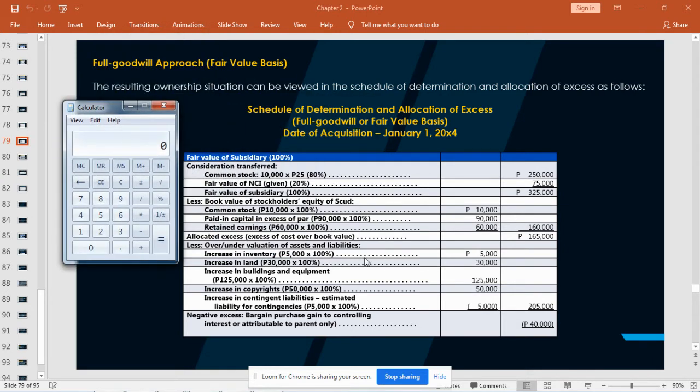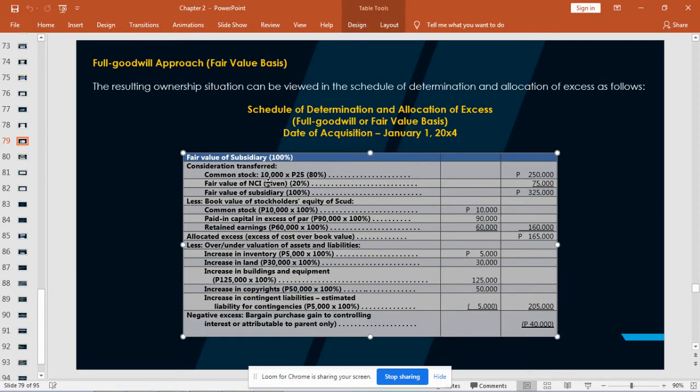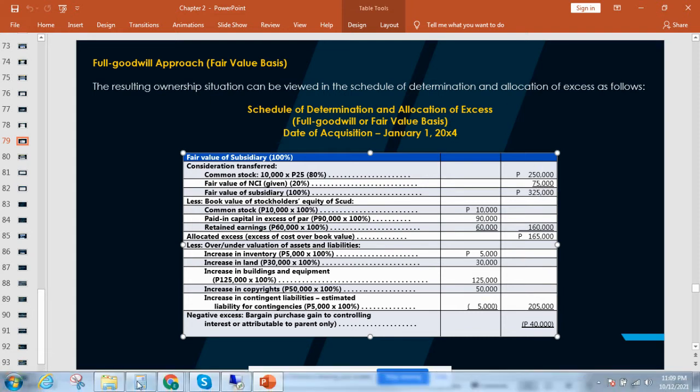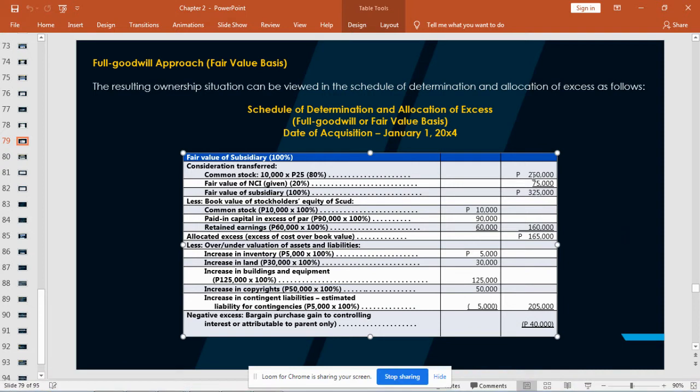Paano nangyari? Wait lang. Okay, sorry, given pala yung ating fair value ng ating NCI. Right? Ayan. So, yung fair value ng ating common stock, which is 250,000 plus the fair value ng ating non-controlling interest of 75,000.